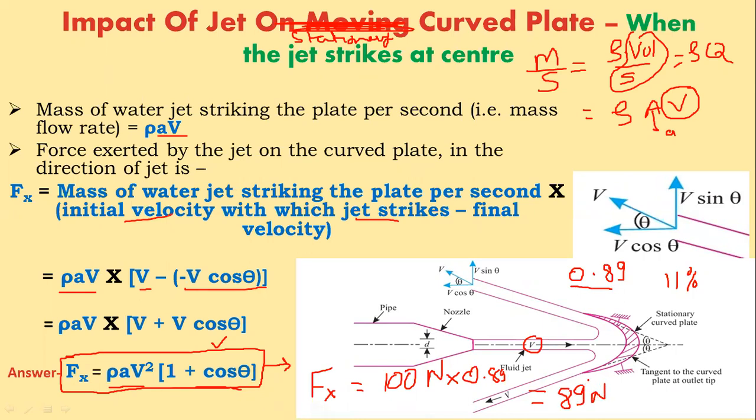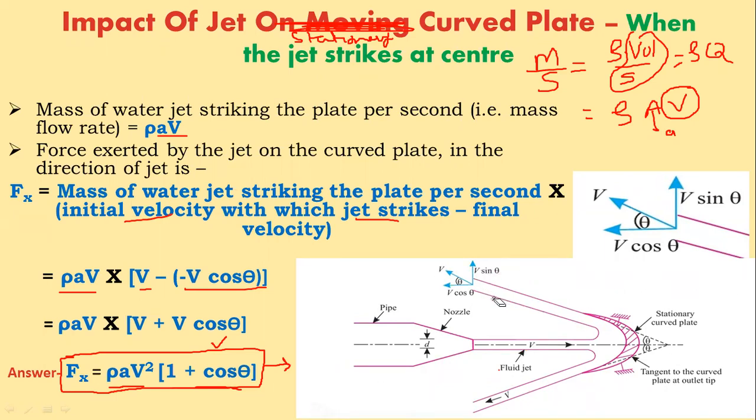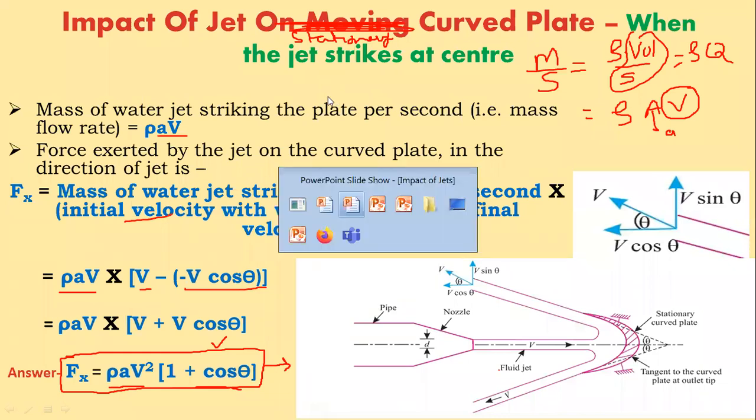That is why here we are directly assuming that there is no loss in energy. Understood? Yes, sir. Any other question? If there is no other question, we'll move to the numericals.